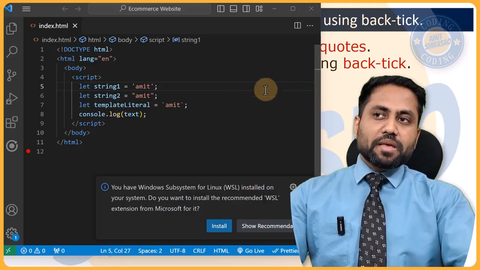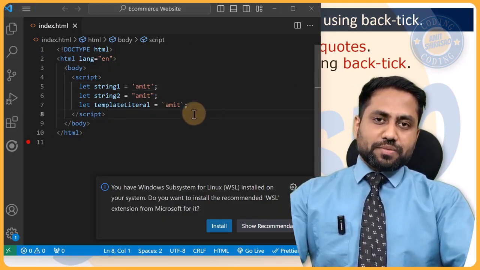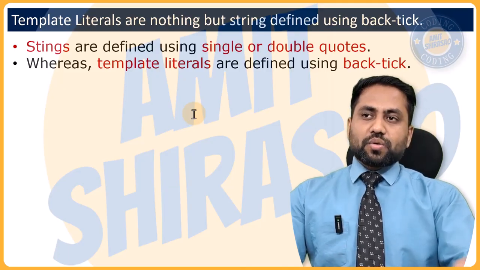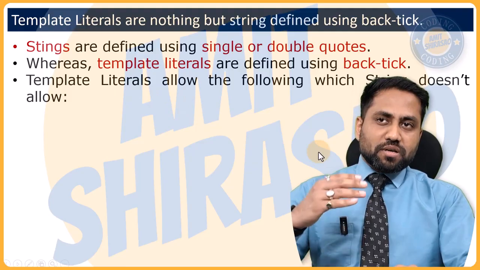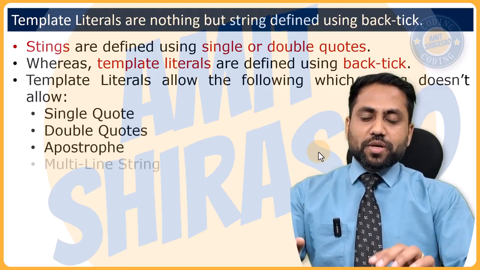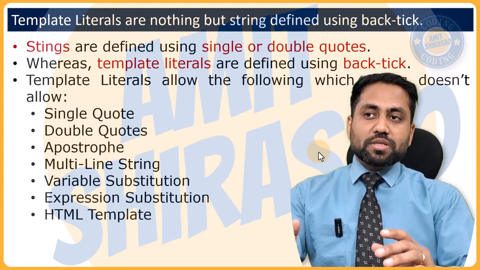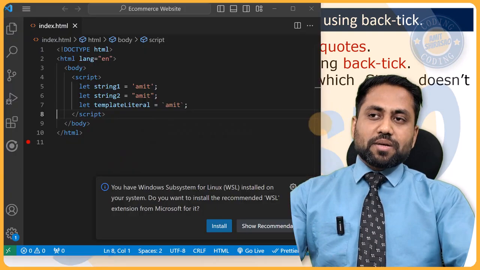Got the idea? Now, why do you want to use template literals? Template literals allow you to do the following things which string doesn't allow you. First, you can use single quotes, double quotes, apostrophe, that kind of things in a template literal.